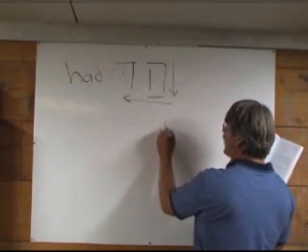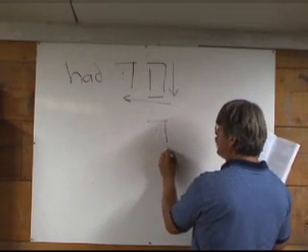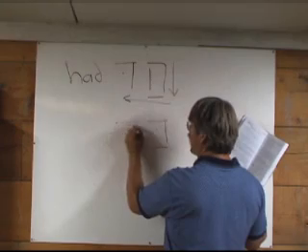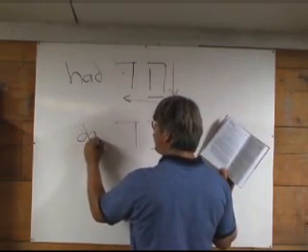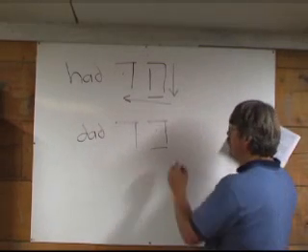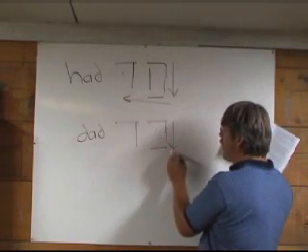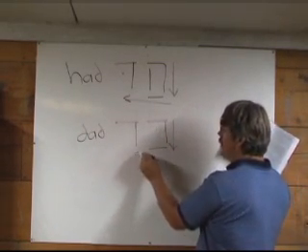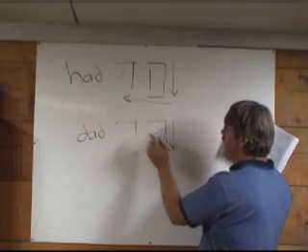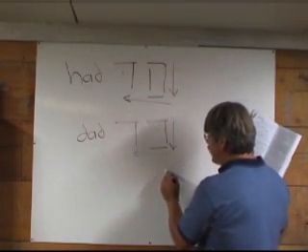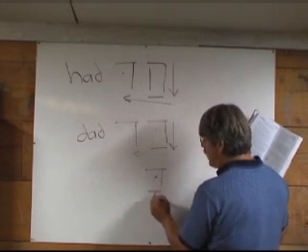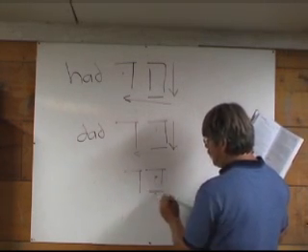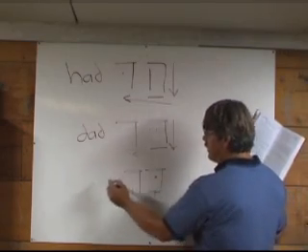We could do dalet, patak, dalet, and that would say dad. You see that? You go from the consonant down to the vowel, from that vowel over to the next consonant, D-A-D. It's the same thing if you do it with the comets, D-A-D, dad.